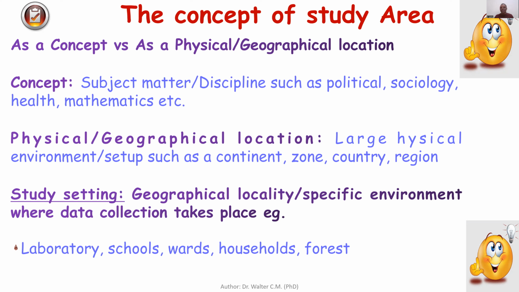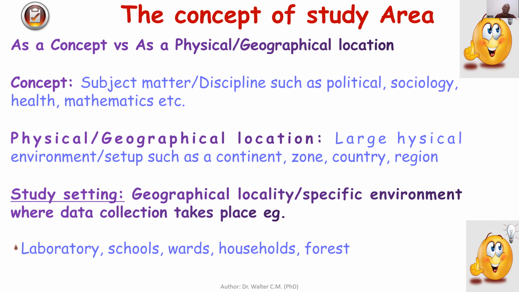You tell your colleague in a broad perspective that my study, if we say concept, belongs to this area of interest. But if we say physical being or geographical location, it's wide, which is not specified yet, but you are going there. Now, if you narrow it down, you go to the specific, and that is where you find the study setting.